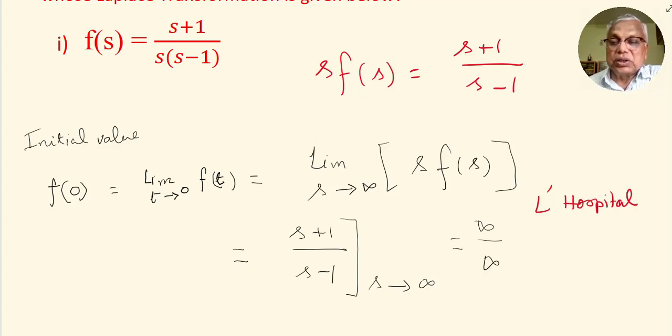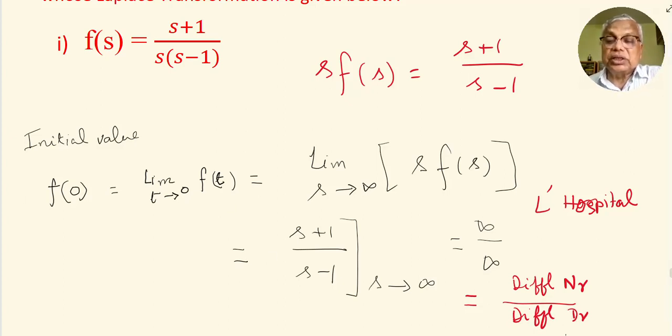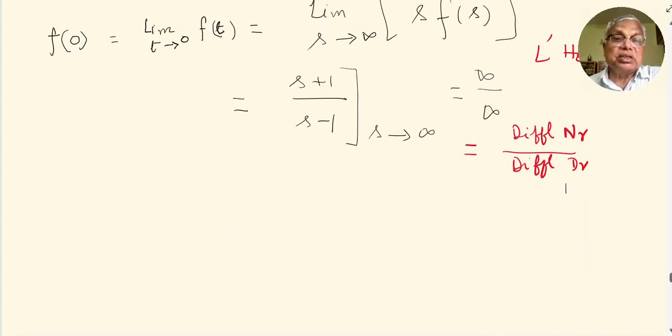You can use L'Hospital rule, which is simply, the rule is differentiate the numerator, divided by differentiate the denominator, and then substitute the limits. So differential of numerator divided by differential of denominator and then substitute the limits.